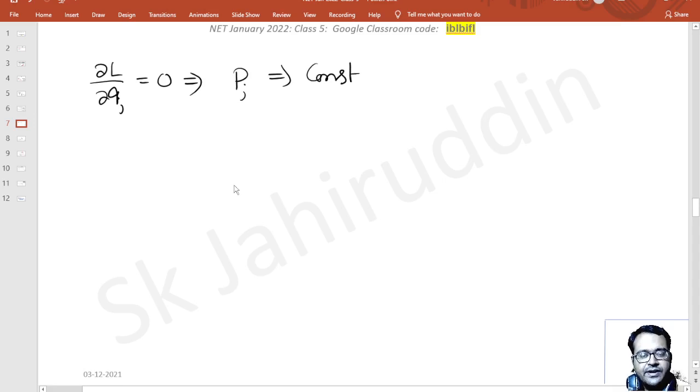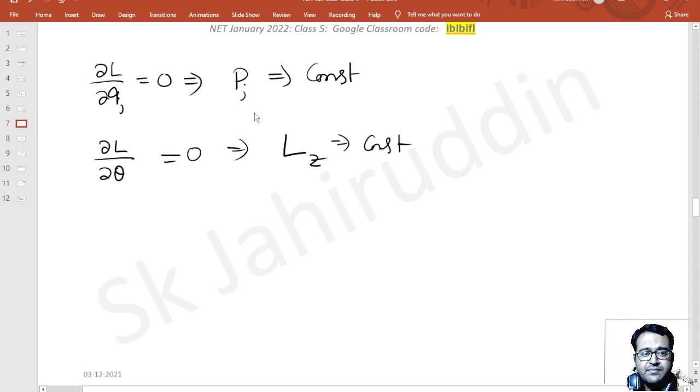That means if L is invariant under some transformation, then the generator of that transformation is conserved. When we discuss canonical transformations, we will discuss it in more detail. But as we will see, if ∂L/∂θ is zero, we can prove that L_z is constant, that is angular momentum.